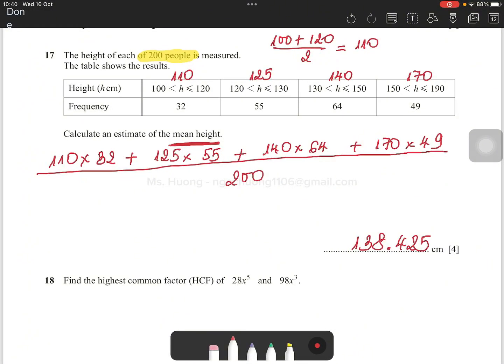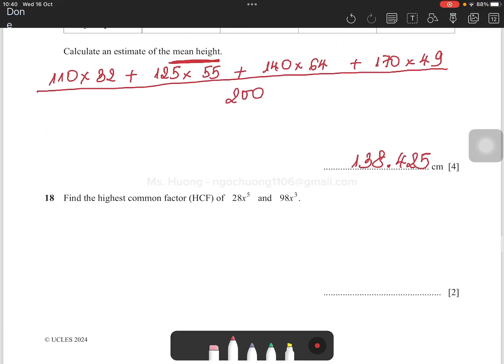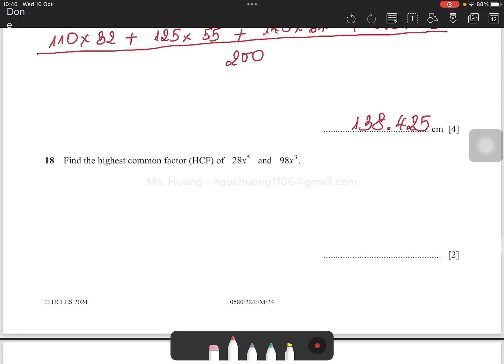Question 18. Find the highest common factor of 28x to the power 5 and 98x to the power 3. First, we will write 28 as the product of prime factors. 28 is equal to 4 times 7, which is 2 squared times 7. 98 is equal to 2 times 49, which is 2 times 7 squared.